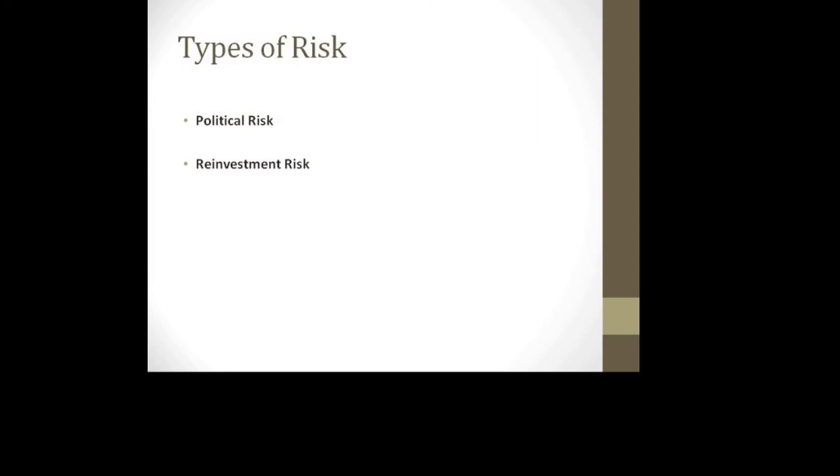This is the risk that you lock into a high yielding fixed deposit or corporate deposit at the highest available rate. Suppose you have deposited at 9.5%, and when your interest payments come in, there is no equivalent high interest rate investment avenue available for you to reinvest these interest proceeds.